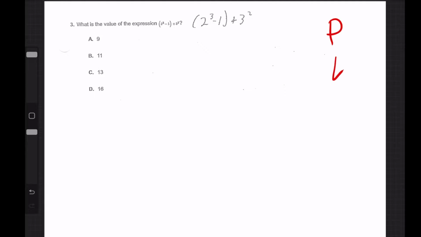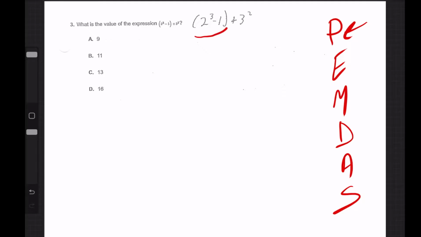PEMDAS is parentheses, exponents, multiplication, division, addition, and subtraction. And in the order of operations, we do parentheses first. The first thing we do is ask, are there any parentheses in this expression? And there are right here. So we need to resolve what's in the parentheses first.